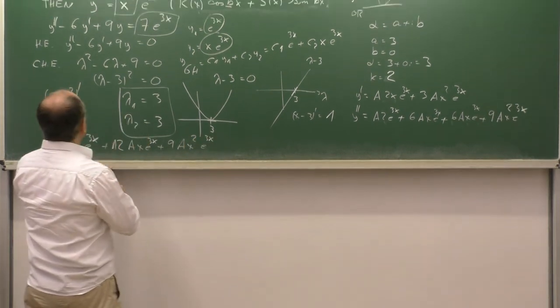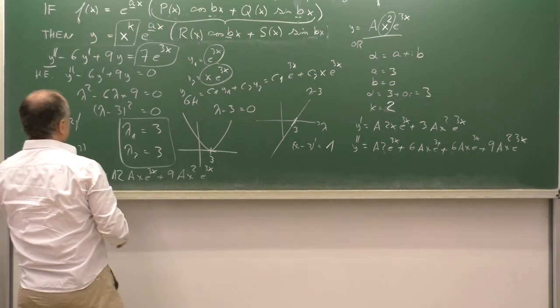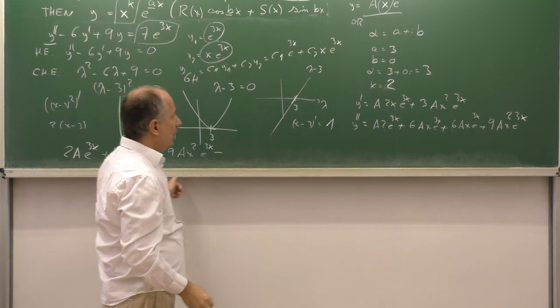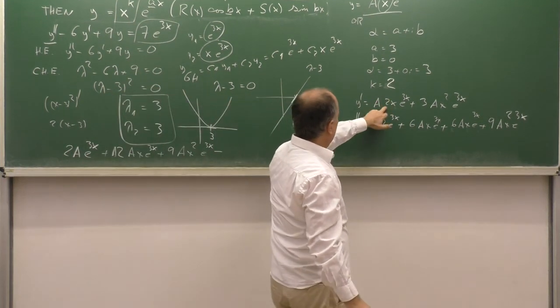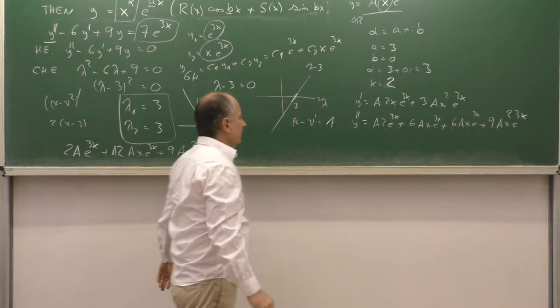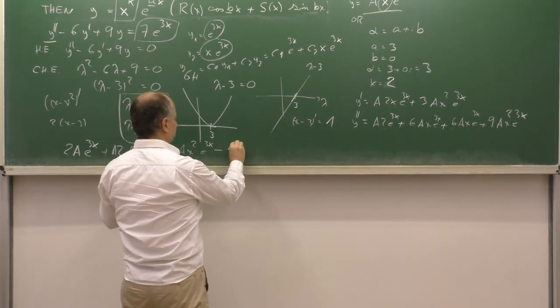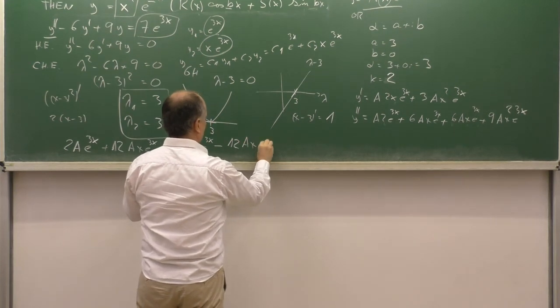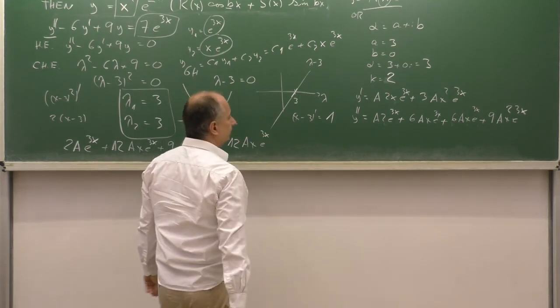So this is for y''. Minus 6 times y'. Minus 6 times this. Minus 12 a x e to 3x.